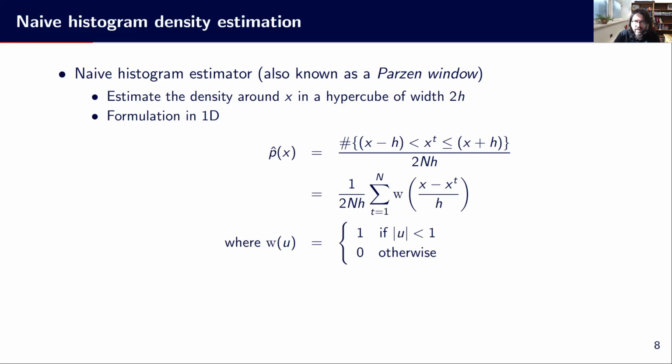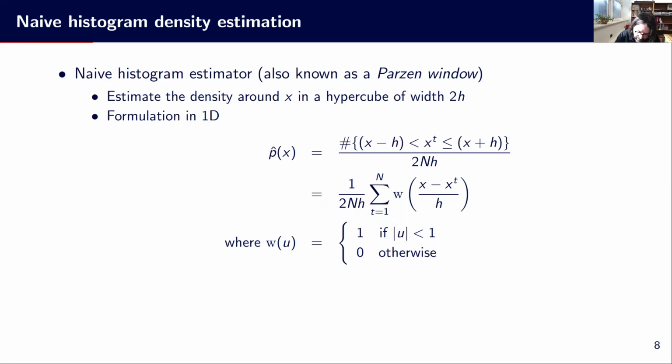So this is exactly the same, but with a more formal mathematical notation. We have the same denominator that we have here, but we are summing from data 1 to data n that we have in our sample set. And we are computing the W function over x minus x_t divided by h.